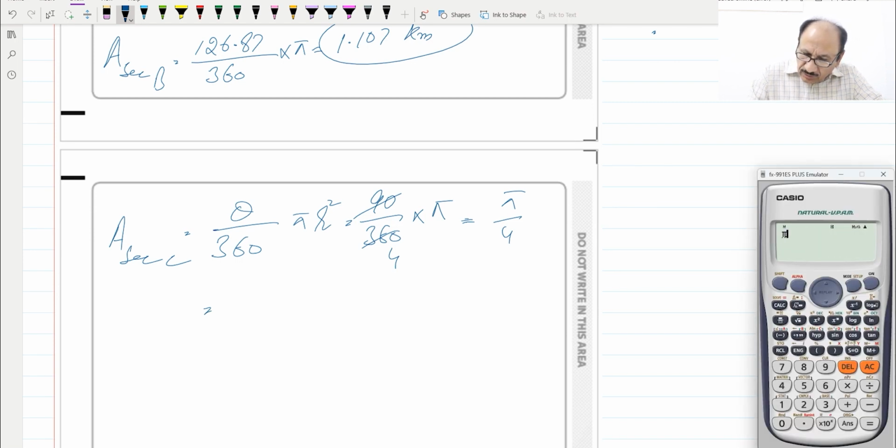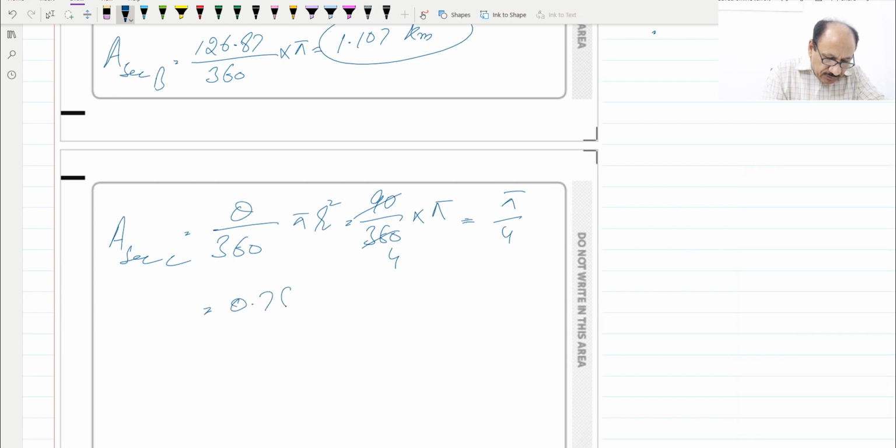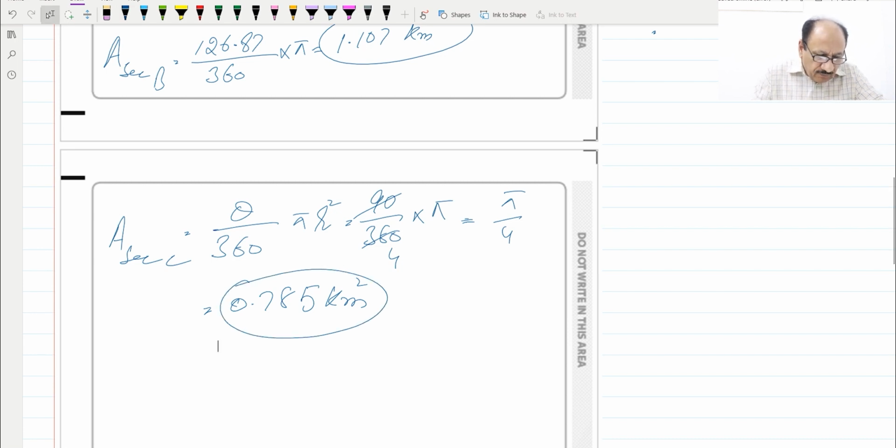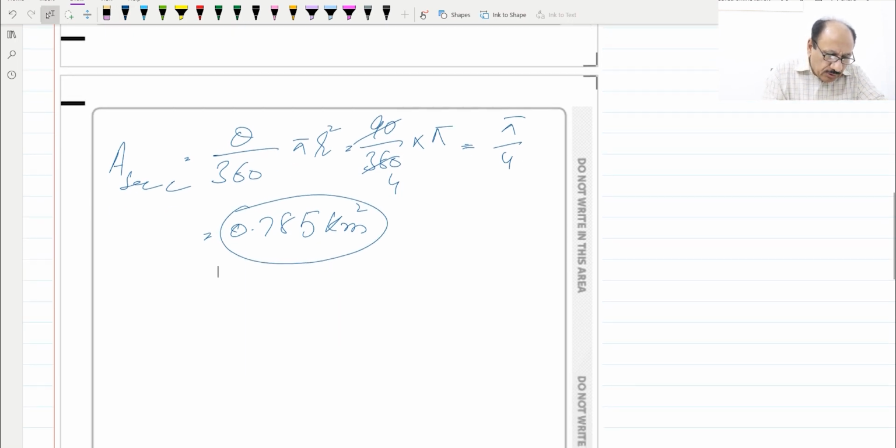This will be pi divided by 4 is giving us 0.785, so 0.785, this will be kilometer square. This one also done. So area of sectors we calculated.